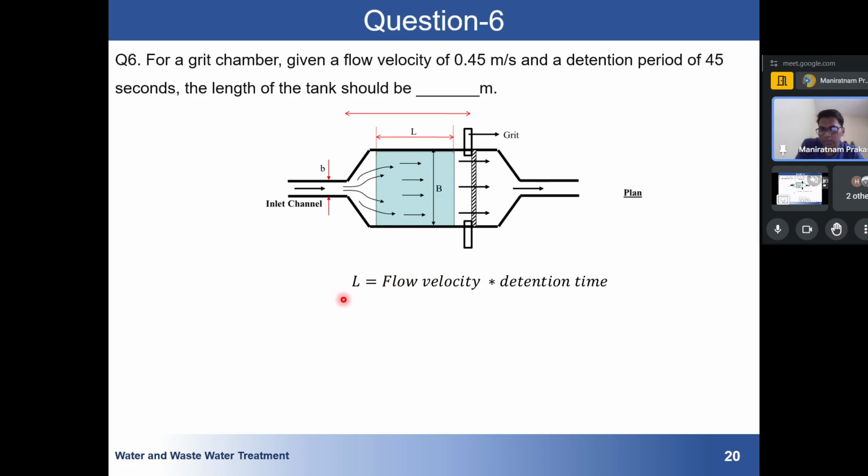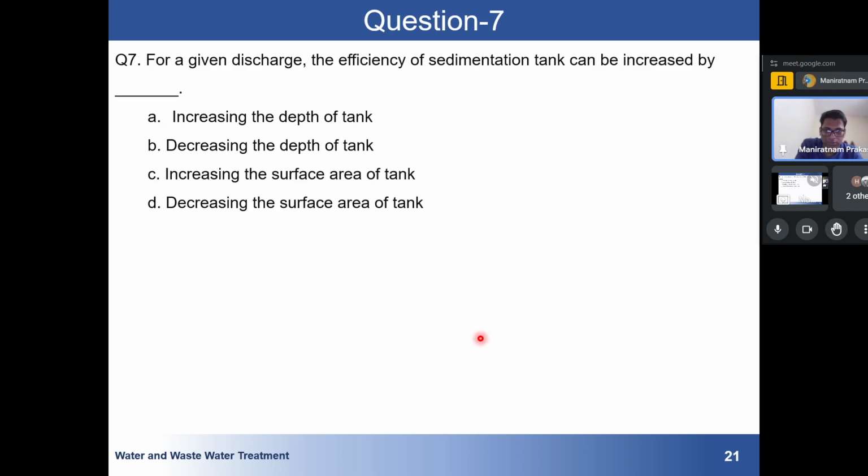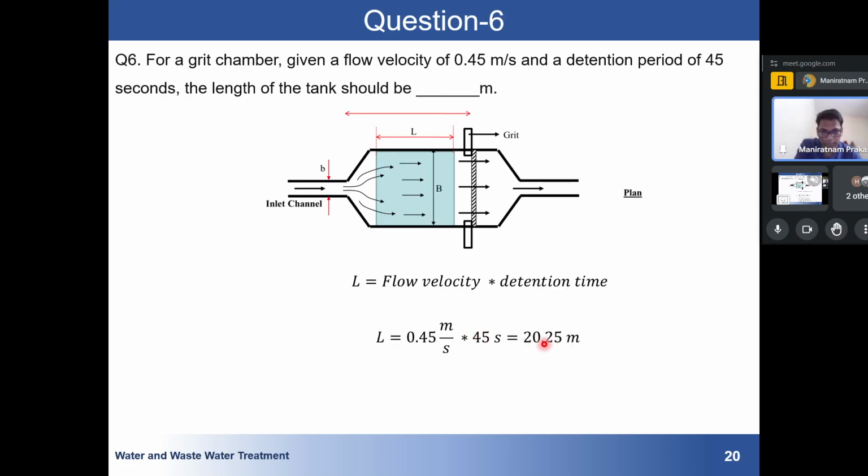We know that velocity is distance upon time. It has to travel a distance of L in some time. That time is known as detention time. All values have been given to you. You can find the length equal to 20.25 meters.